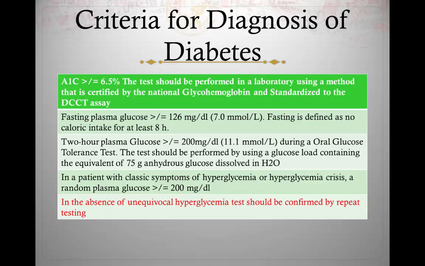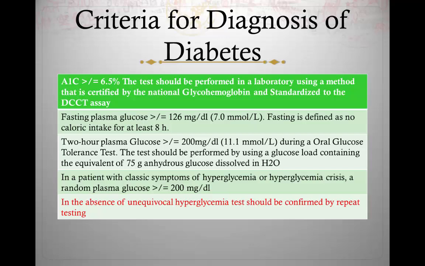First, if you do a fasting blood glucose level and you are greater than or equal to 126, you're diabetic. If you do hemoglobin A1C and you're greater than or equal to 6.5, you're diabetic.